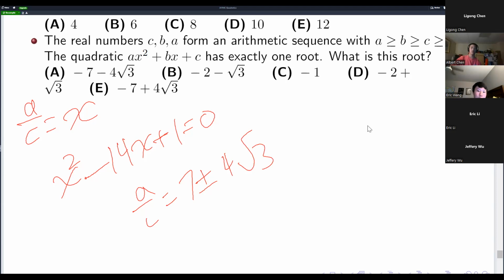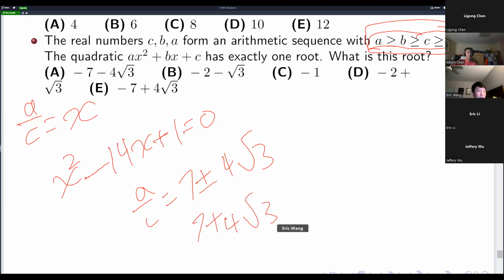But notice the constraint is that it's in descending order, a, b, c. Note that 7 minus 4 root 3 is less than 1, so this violates the inequality. So it has to be 7 plus 4 root 3.